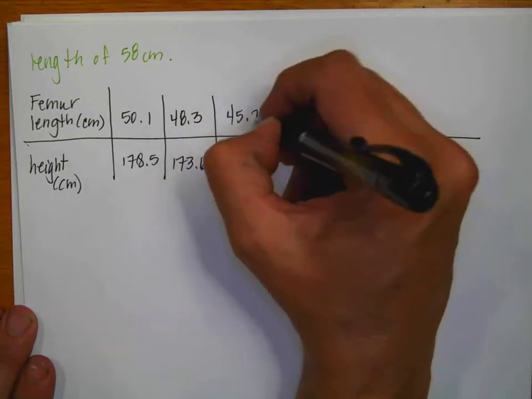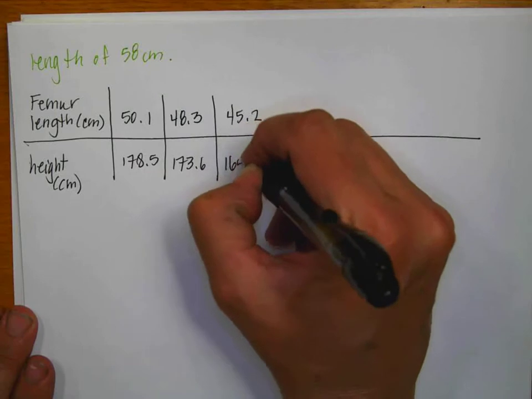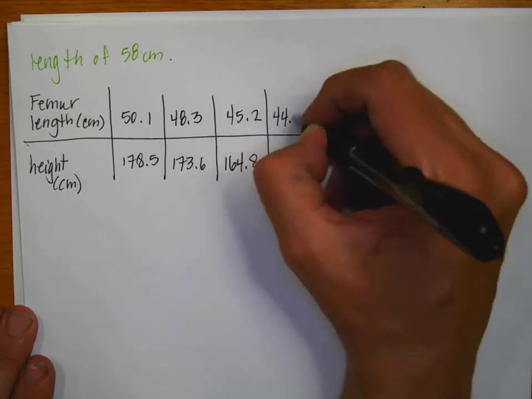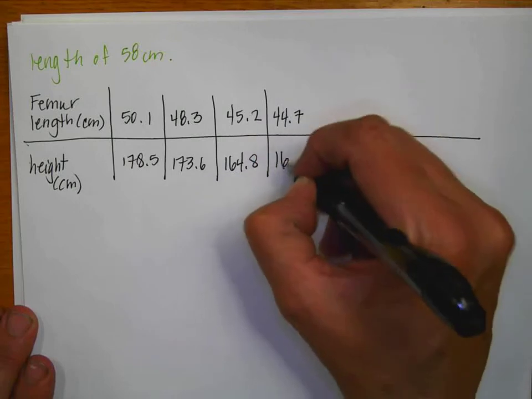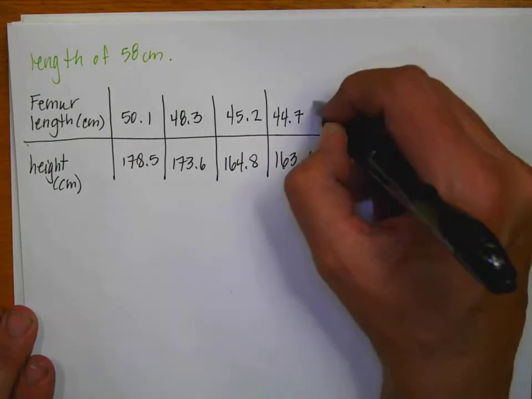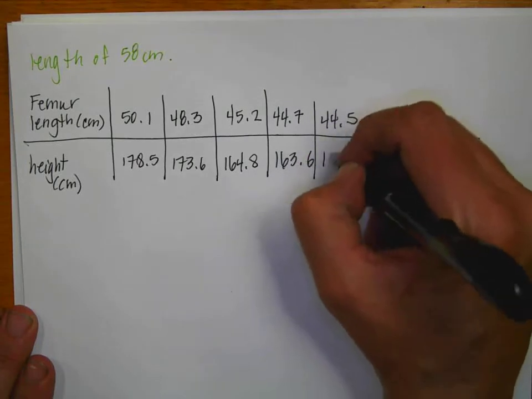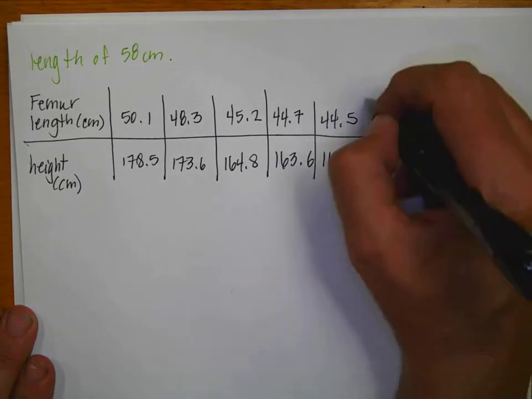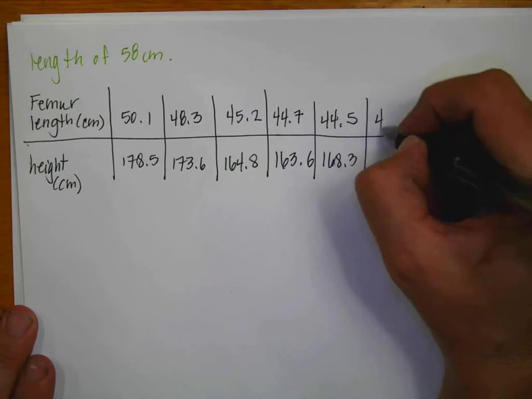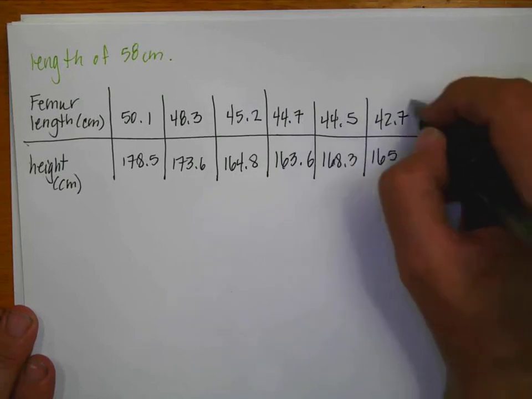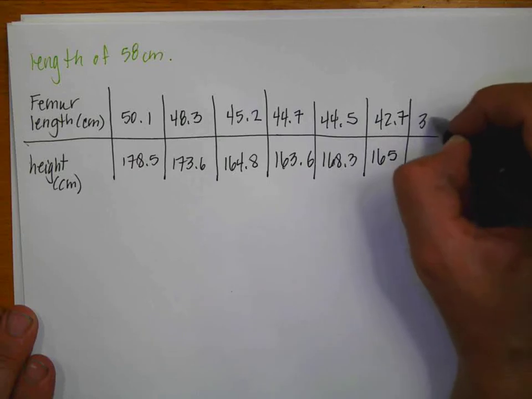173.6, and then I have 45.2 and 164.8, and I have 44.7 and 163.6, 44.5, 168.3, 42.7, and 165.